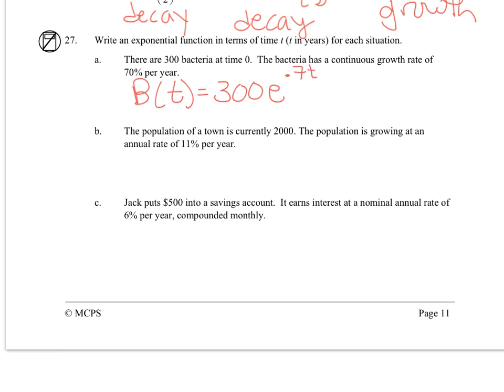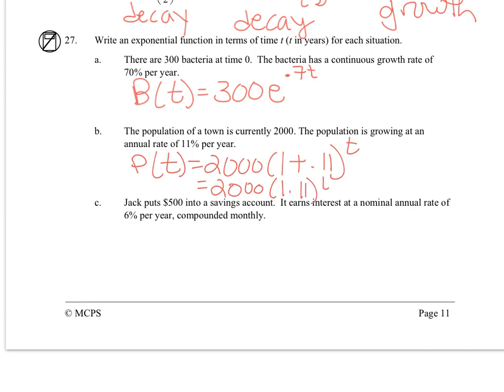Now for B, our initial population is 2,000, an annual rate of 11%. So our initial amount is 2,000, 1 plus 0.11 to the t. You could add the 1 plus 0.11. I know it's a no calculator question, so that's 1.11 to the t.